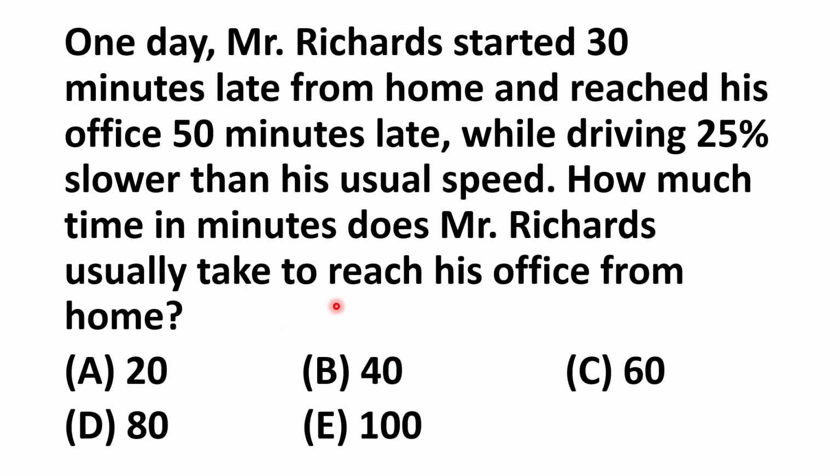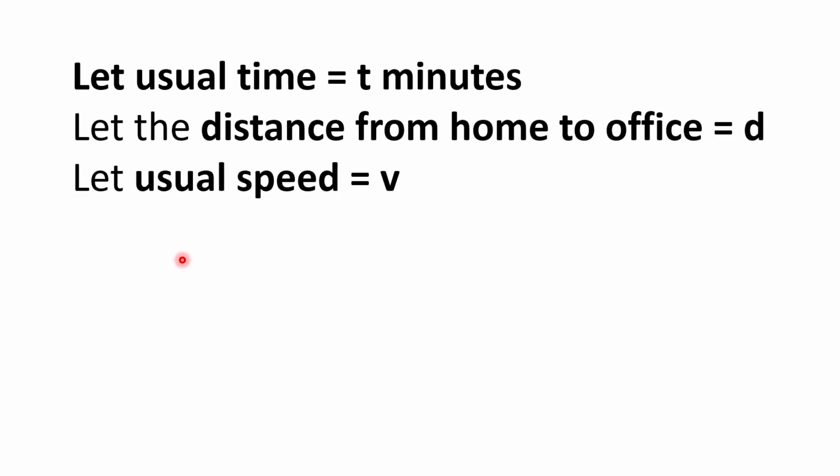So we have to calculate this time of Mr. Richards. So let's start the solution of this question. So first of all, let usual time be t minutes, let the distance from home to office be d, and let usual speed be v.